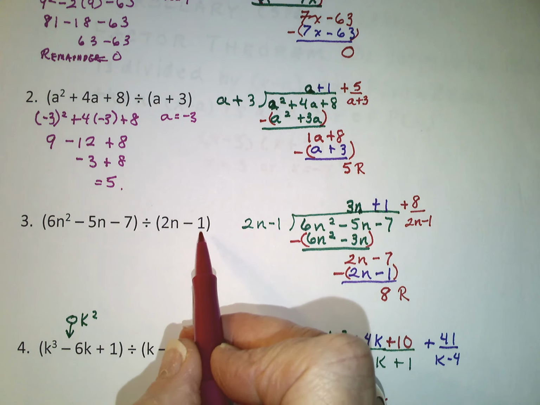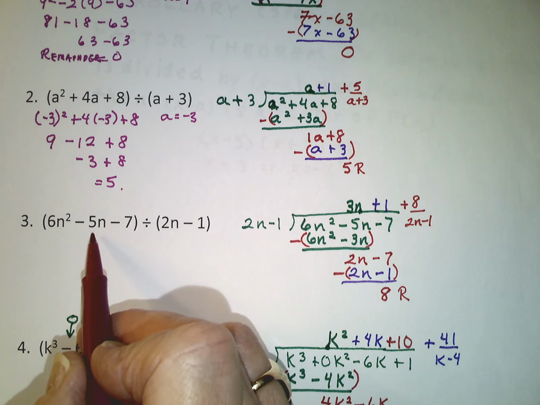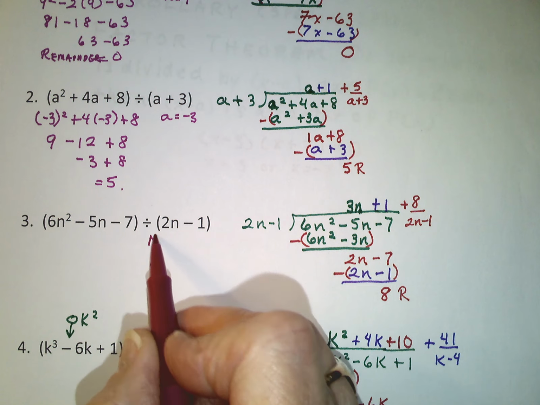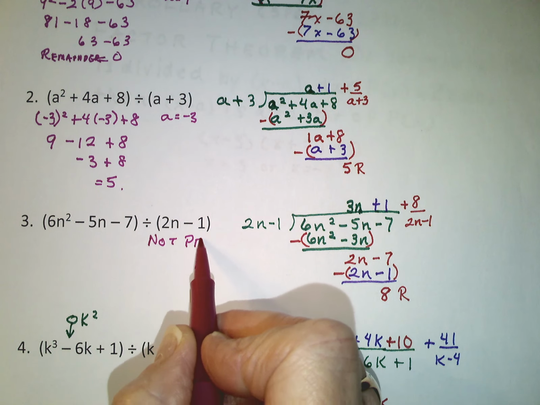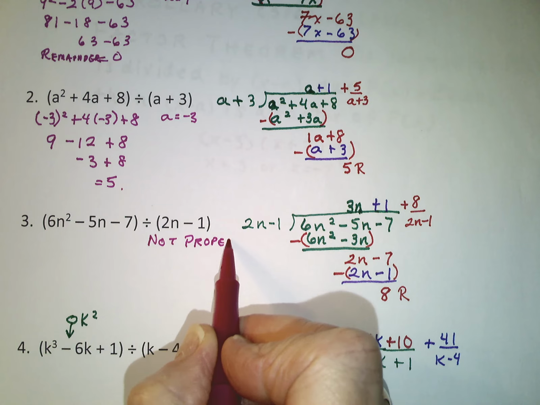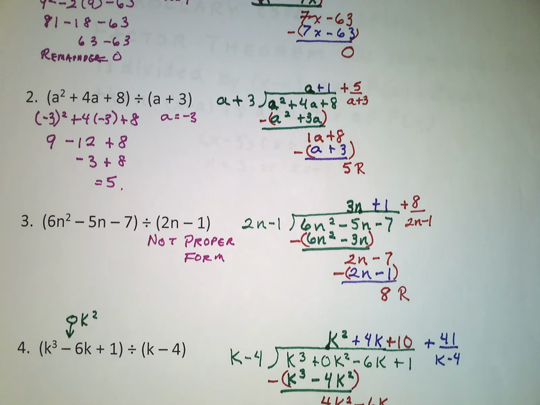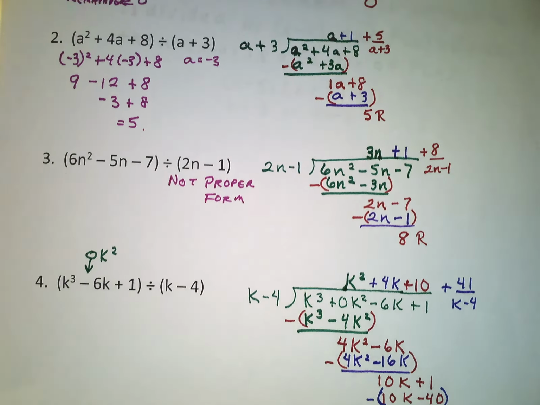But you'd have to divide this by 2, and you'd have to divide this by 2, and divide this by 2, and divide this by 2, and suddenly it's not a shortcut anymore. So this is not in the proper form to apply the remainder theorem. So we'll just move on to the last one.